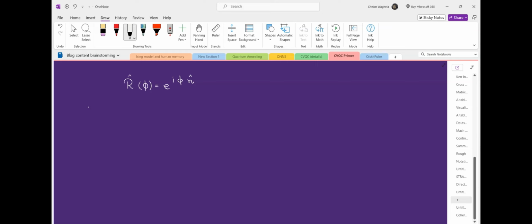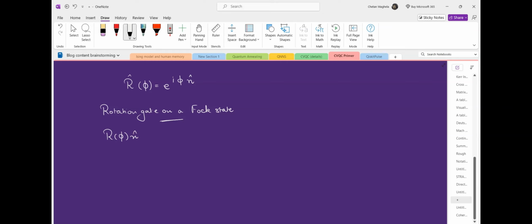So, when a rotation gate acts on a Fock state, let's calculate what it gives.